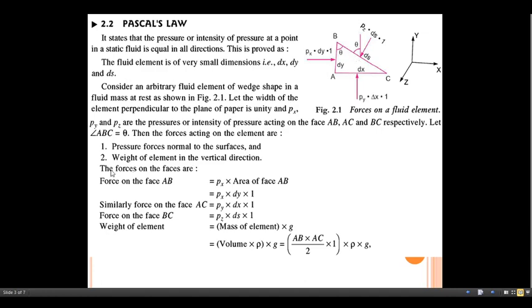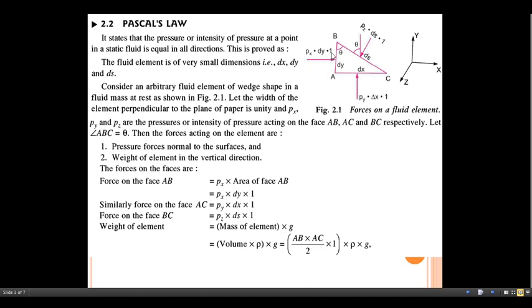The force on face AB is the intensity of pressure in the x direction, Px, multiplied by its cross-section area. This indicates the y-axis, the x-axis, and the z-axis. Here the area of face AB is the product of dy multiplied by 1.